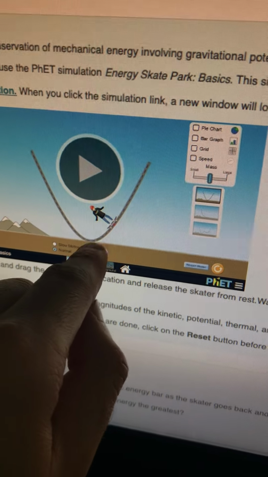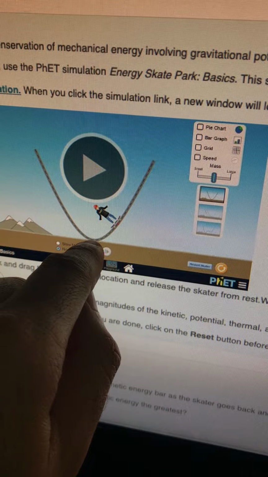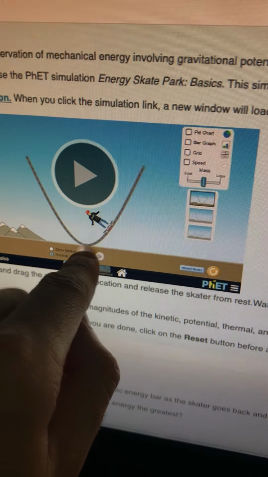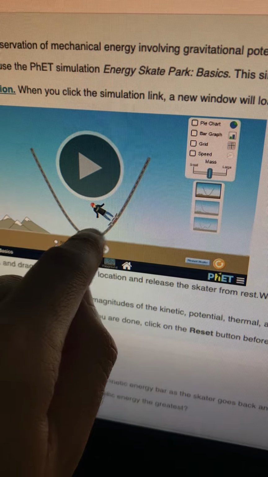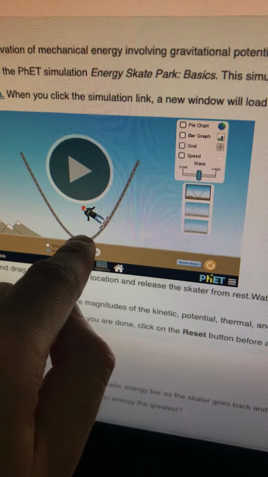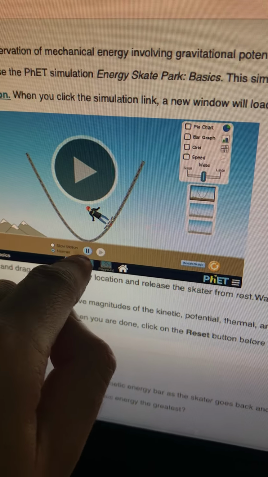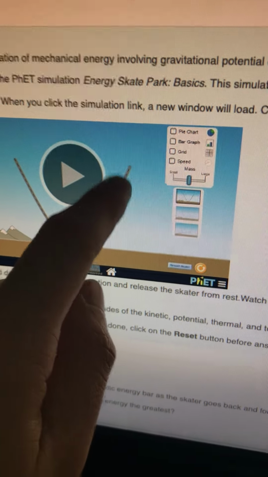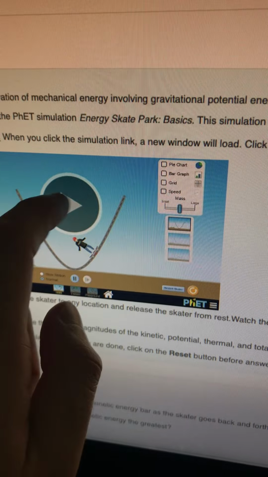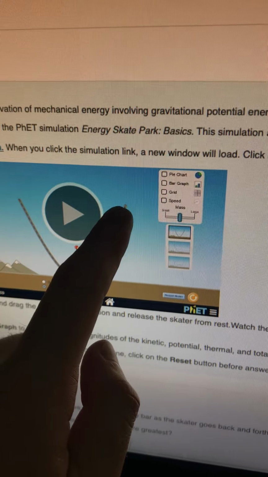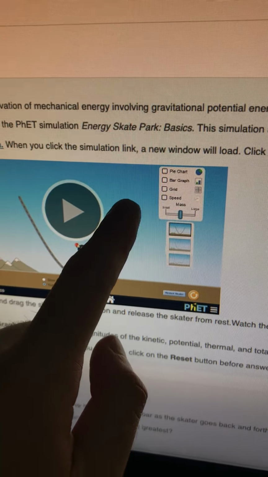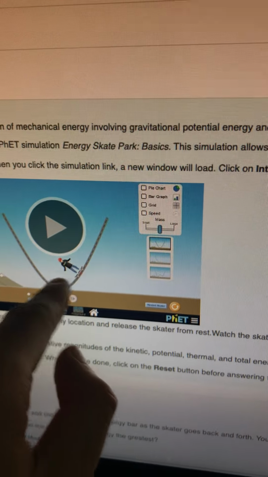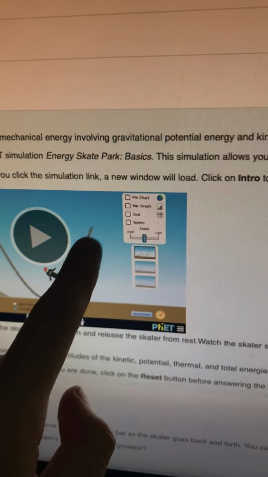So there's still some potential energy at the bottom of the track. It's not 0. There's a small potential energy. And kinetic energy, even though it's maximum on the track, can still go up more if the track were lowered. So the total energy is always the same. It remains constant throughout the entire track.